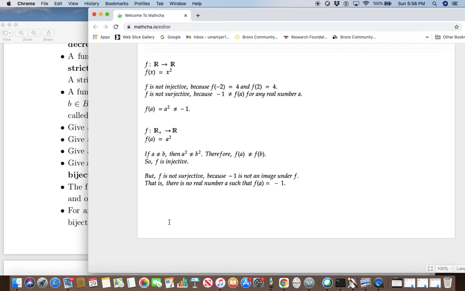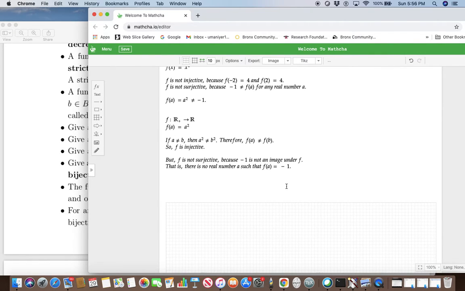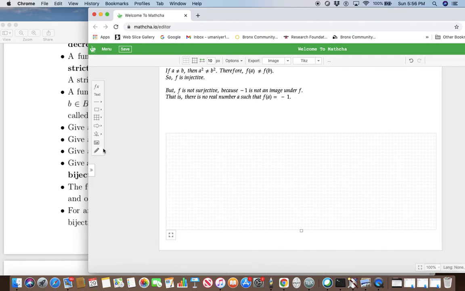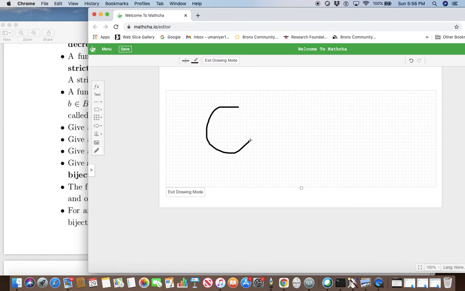A pictorial drawing for something that is injective but not surjective can be seen as follows. Say this is my set A and this is my set B. Pretend A has 2 elements and B has 3 elements.